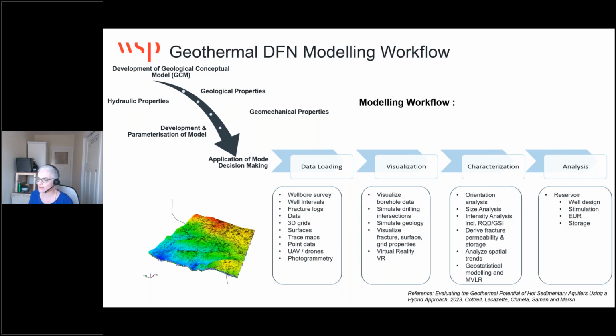The final step is the analysis. This is where the DFN description is employed for advanced quantitative analysis. For the current geothermal focus of this presentation, this step routinely relates to well design, injection and production strategies, stimulation requirements, recovery volumes, and storage capacity.